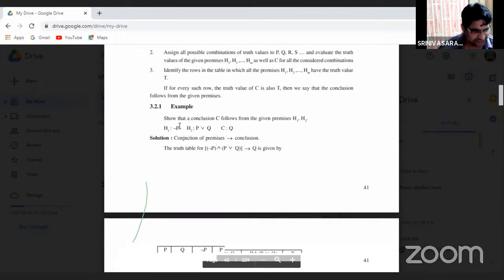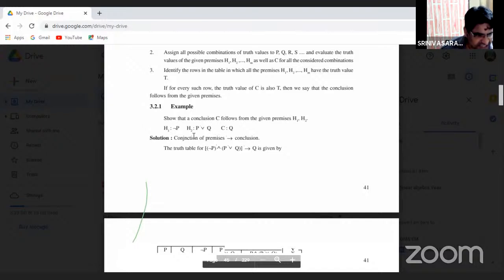Now one example. Show that a conclusion capital C follows from the given premises H1, H2. What is H1? P is the atomic variable, connected with the negation connector, so negation P is H1.